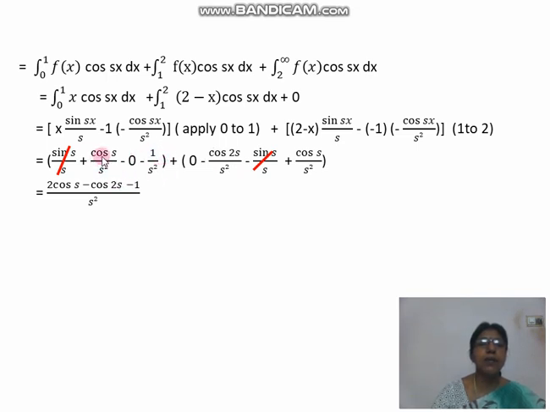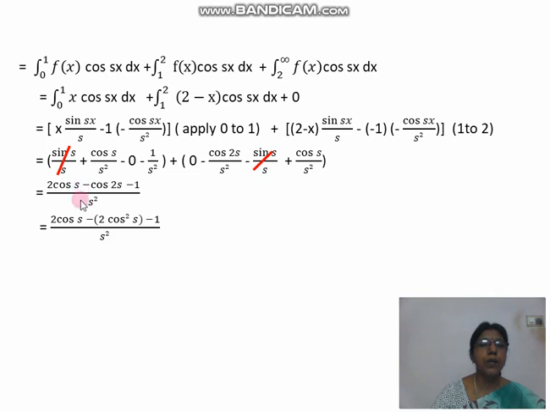All the terms have s square, so taking 1 by s square common, cos s plus cos s is 2 cos s, minus 1 already written, minus 1 minus cos 2s. We get these terms.